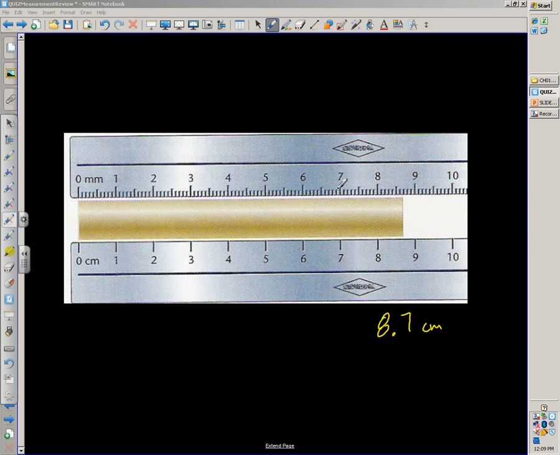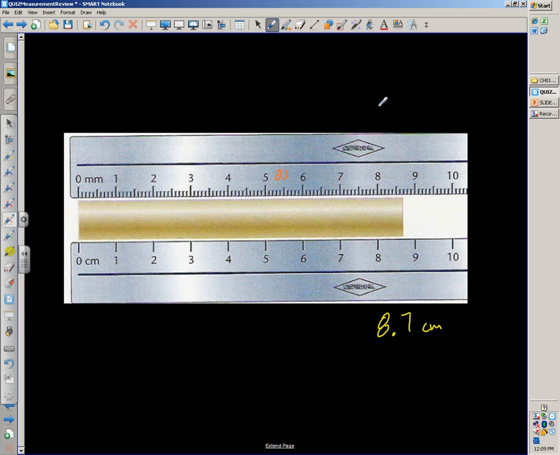However, on the top ruler, the 7 and the 8 and the 9, 1 centimeter is marked, but each of those little tick marks in between results in 10 divisions, so each of those tick marks represents 0.1 centimeters. Now that I know exactly where the 0.7 mark is, it doesn't exactly look like it's on the 0.7 mark. It looks like it's a little in front of it.